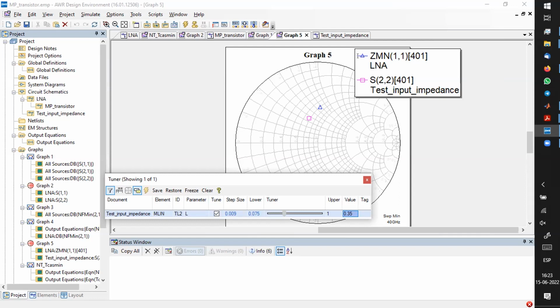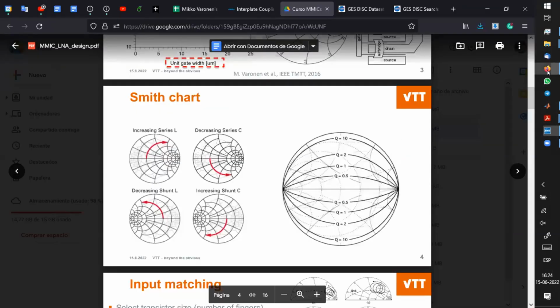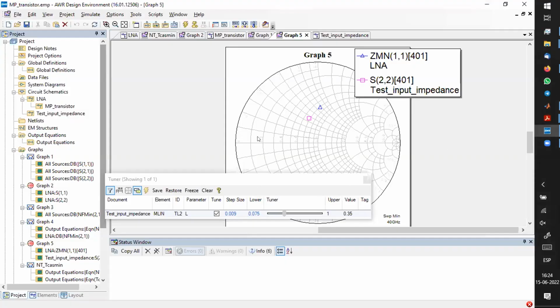Okay. So now if you go back, you are on the Smith chart. Good. So you can see that if you remember that a series line goes around the Smith chart, right? It's not shown there, but that's the basics of the series line. So you can circle the Smith chart.